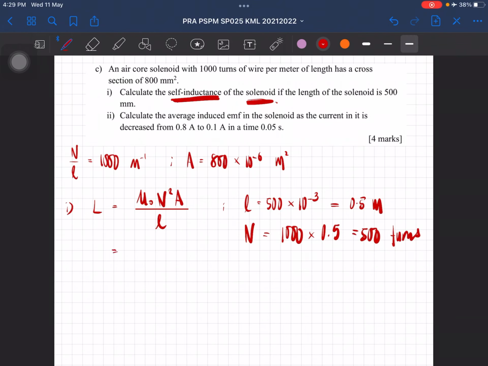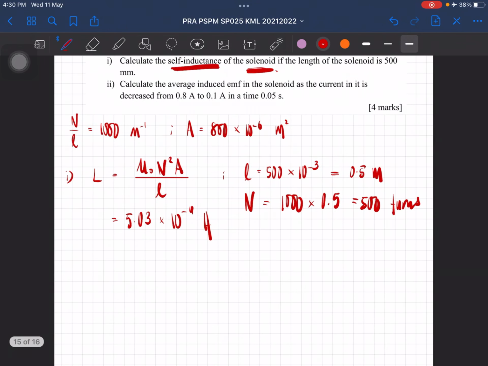Okay, so just directly substitute all the values. So 500 here, area is here, L is here, and mu0 is given in the list of constant values. So you will get 5.03 times 10⁻⁴ Henry. Okay, so that is Roman 1.